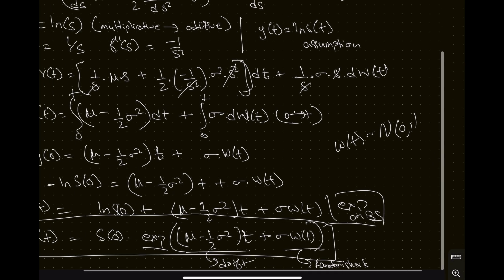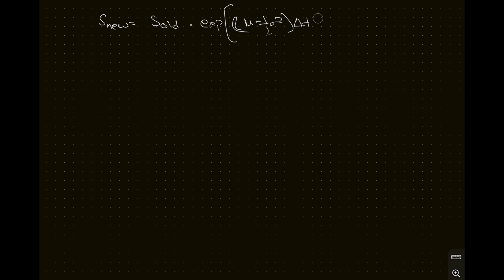But in simulation, we're going to use this formula: S new equals S old into exponential of (mu minus half sigma square) delta t, the change in time, plus sigma into root delta t into z. So this is what we'll be using.